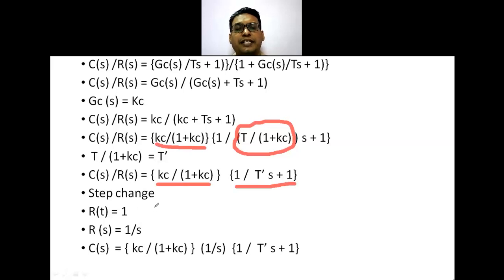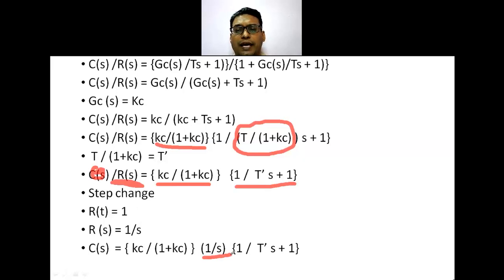Now for the step change that has been incorporated, we will try to analyze the output or the response for this step change of R(s). So R(t) equal to 1, a unit step change, has been assumed. So R(s) equal to 1/s.